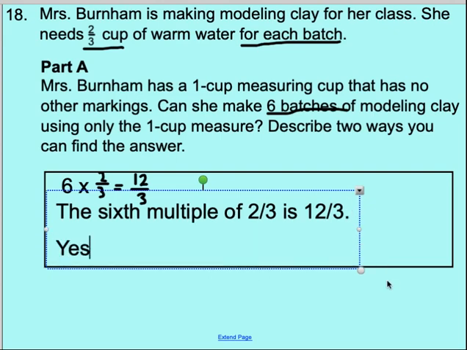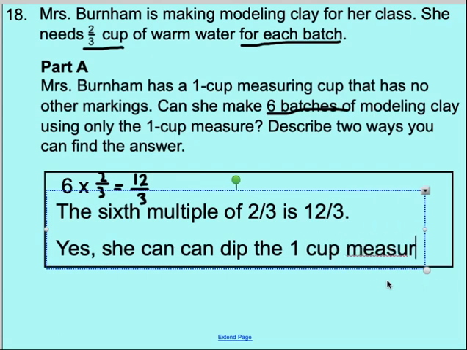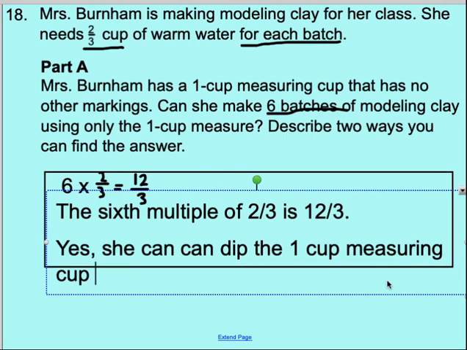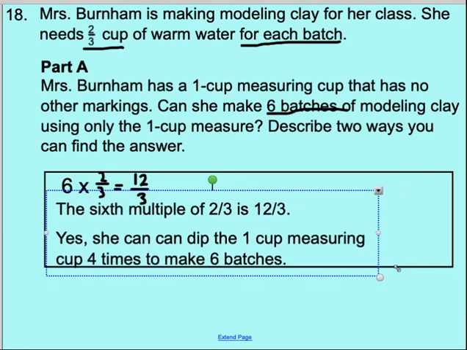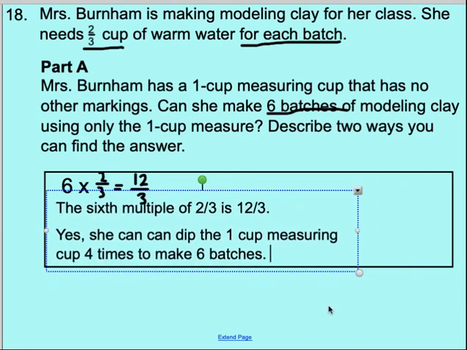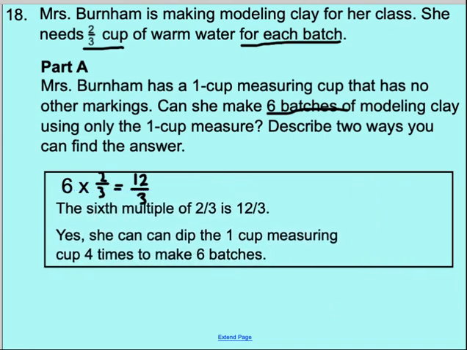So yes, she can dip the 1 cup measuring cup 4 times to make 6 batches. All right.